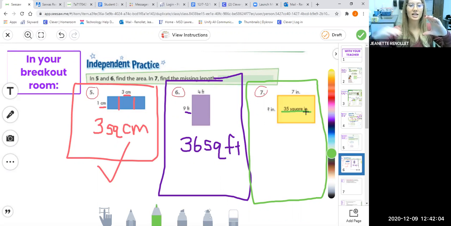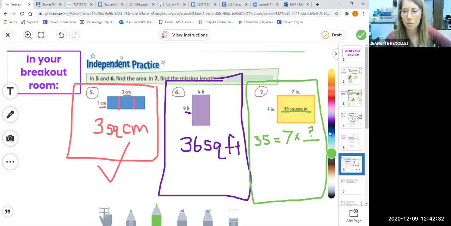Then they tell us that the length is 7. So what we needed to do was actually have a conversation about what's the width. So I'm going to record it. I see that the area is 35 square inches. So my length is 7. I don't know my width. That's my question. How wide is it?